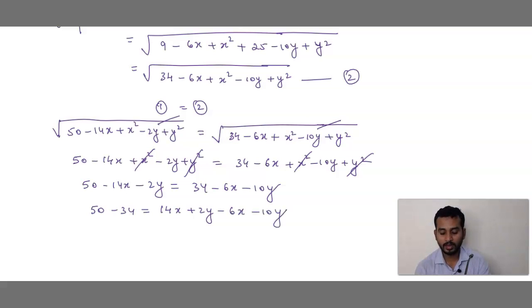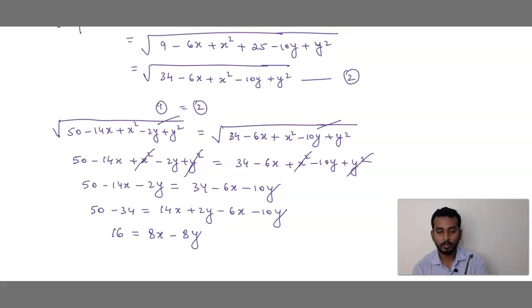So 50 minus 34, how much? 16 is equal to 14x minus 6x, that is 8x, plus 2 minus 10, that is minus 8y. Got it? Minus 8y. Understood?